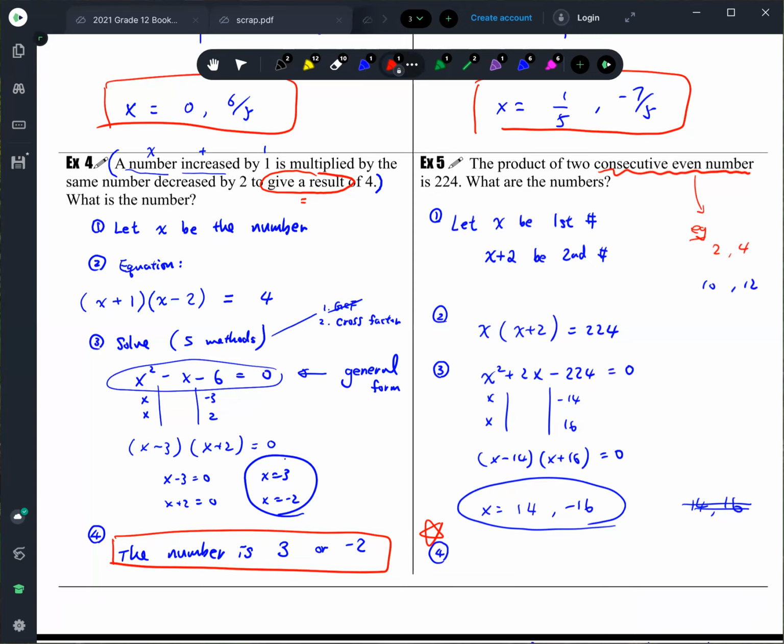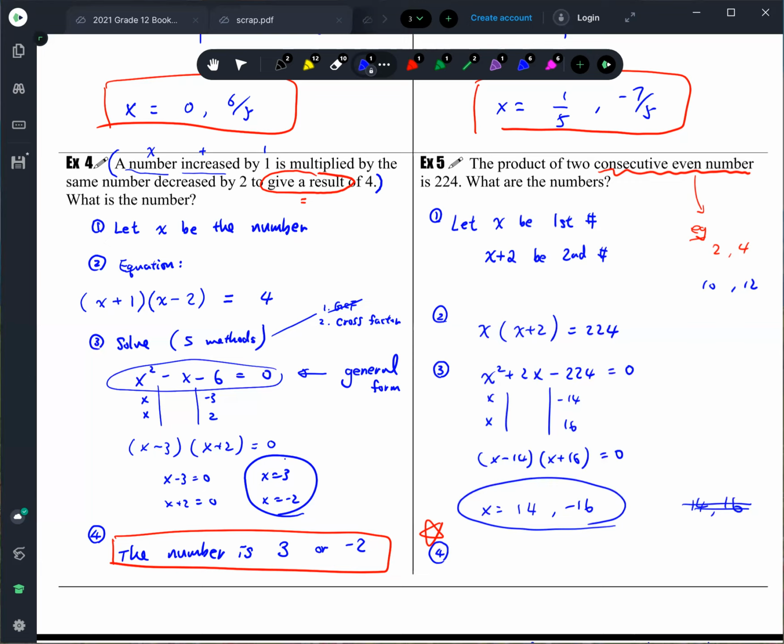Angeline, what do you think? How do we write the sentence? The numbers are 14 and negative 16. No, but they should be consecutive even numbers, right? Are they consecutive even numbers? No, right?